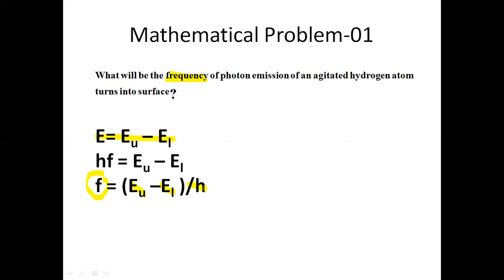All the values are known to us, and by putting them in, we can calculate f, the frequency of photon emission of an agitated hydrogen atom. Here for EL the value is minus 13.6 electron volt, and for EU the value is minus 1.5 electron volt. By putting in these values, we can calculate the frequency using this equation.